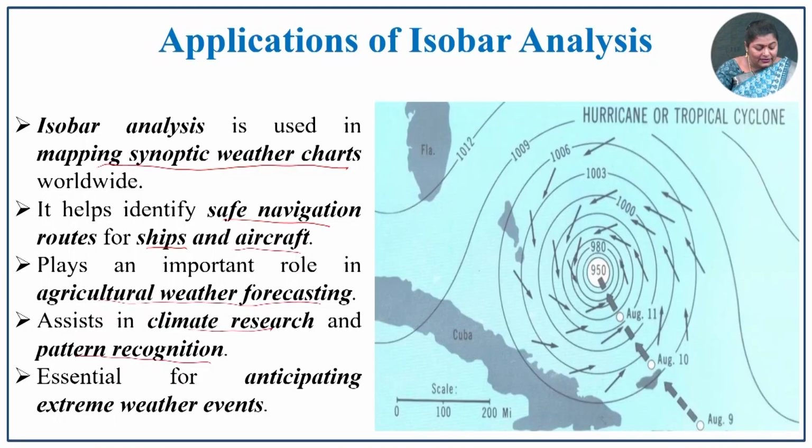It is essential for anticipating extreme weather events. Nowadays there are a number of apps, and based on them we can analyze extreme weather patterns. In such a way, isobars play a vital role, and understanding them is one of the most important factors.